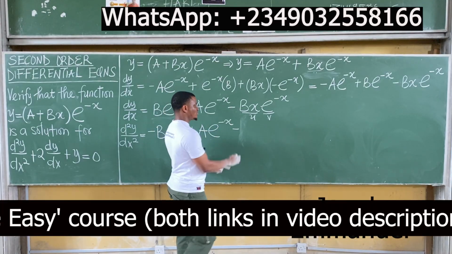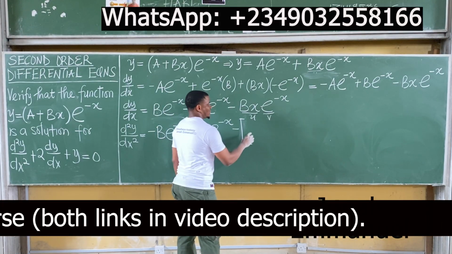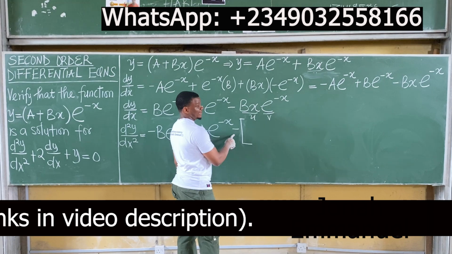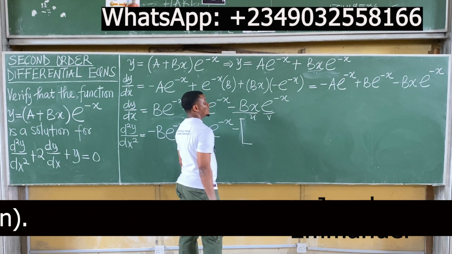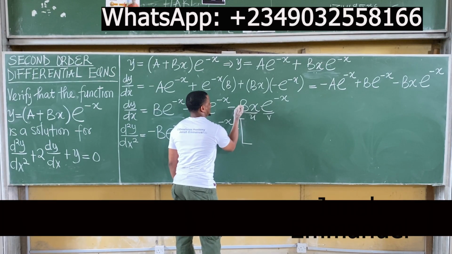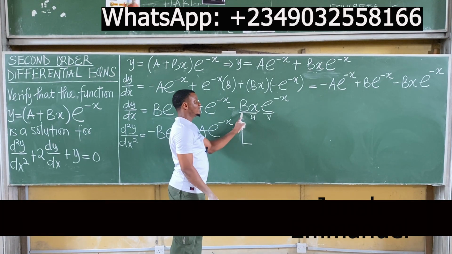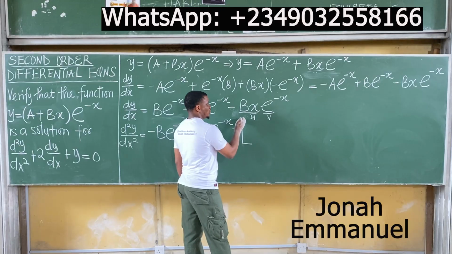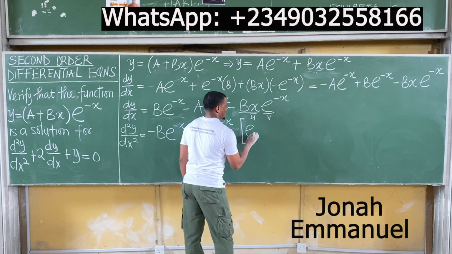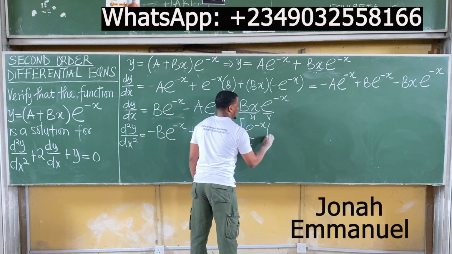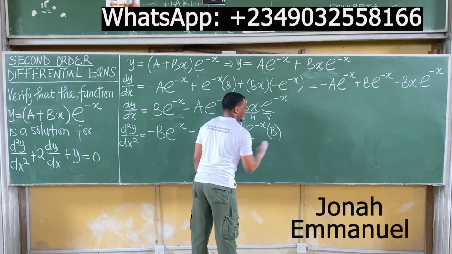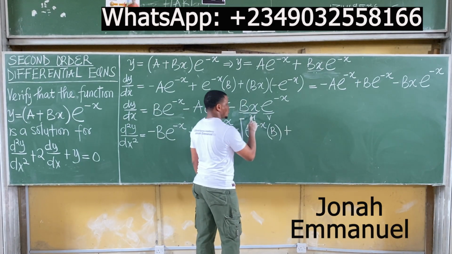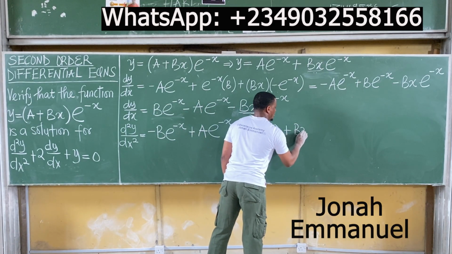You can say minus, then use brackets, then differentiate this, everything multiplied by, or you can say u should be minus bx. That one also works. But for now, just to be on the safe side, let me use negative of differentiate this. Now, product rule. What's v? Exponential minus x, du/dx. Differentiate u, which is bx, with respect to x. What do you get? b, plus u. What's u? u is bx.